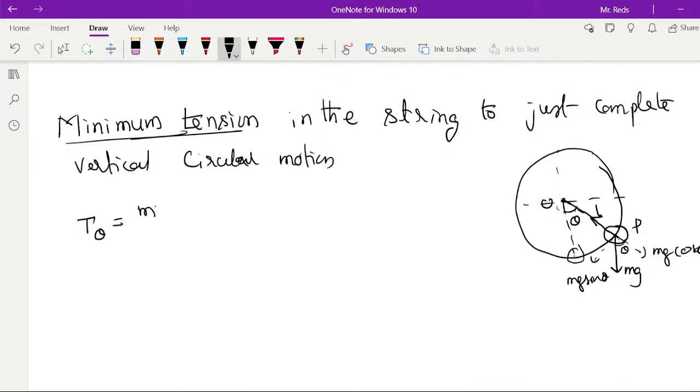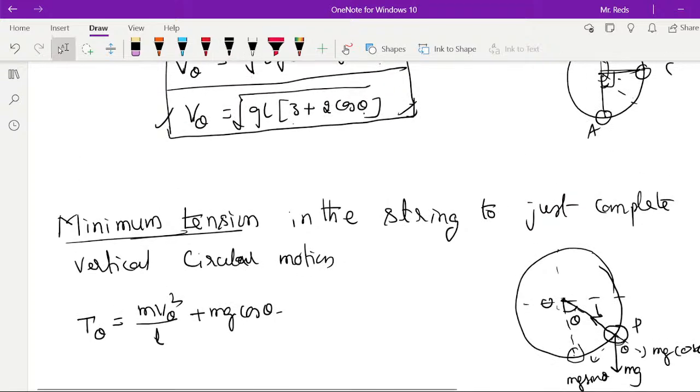M v at that point you can take as m v theta square at that particular angle, or vp square, or v theta square, any representation you can use. Mv theta square by r is nothing but L here, plus mg cos theta. But we already have the expression for v theta. So v theta square, without root, you will get.